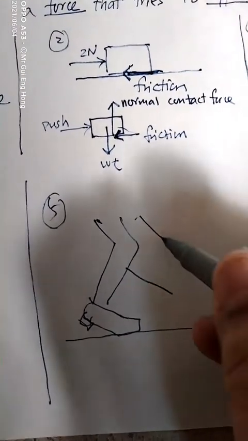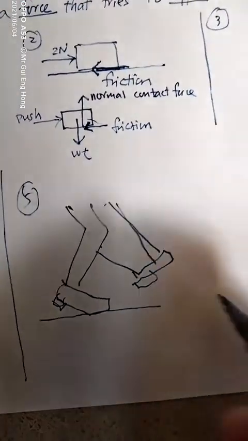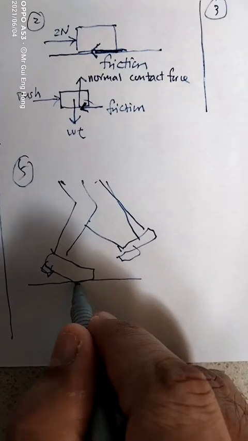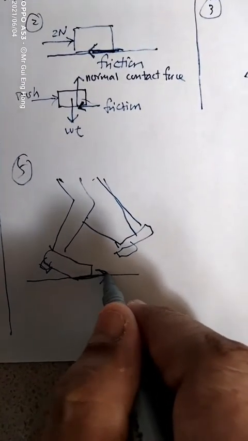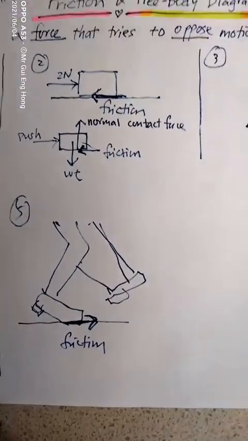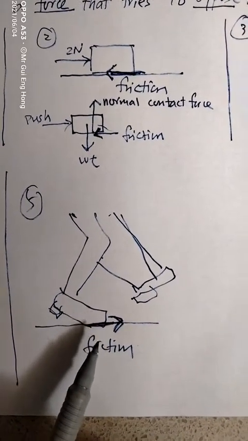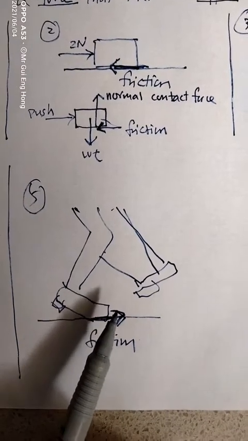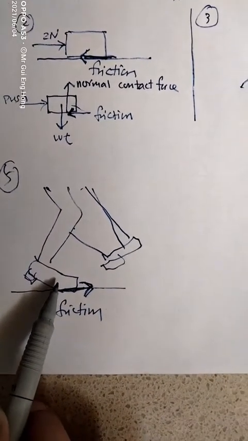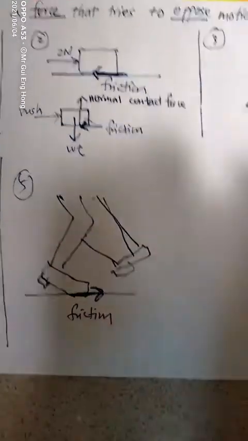If the foot is pushing backward, then the friction will be forward. We are unable to walk on ice because ice does not provide the friction. So if we walk, the friction is actually pushing us forward because the shoe is trying to push backward. That is how we walk.